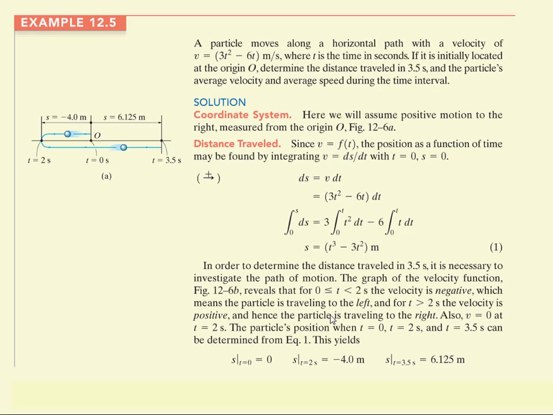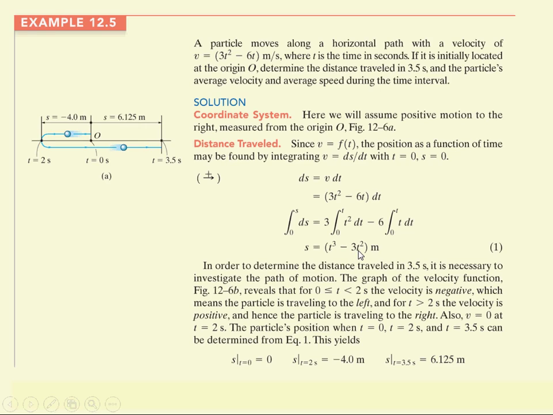So the particle's position at t equals 0, at 2 seconds, and at 3.5 can be determined from equation 1. So we start over here, but you see it's saying that when t is 2, which is 2 times 2 is 8, right?